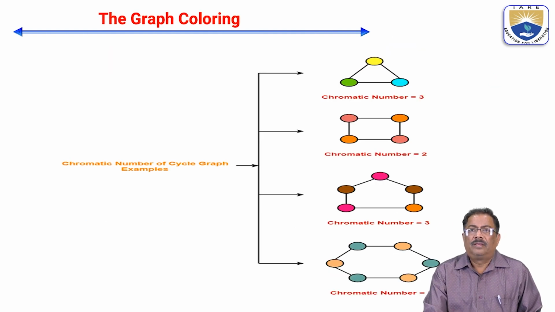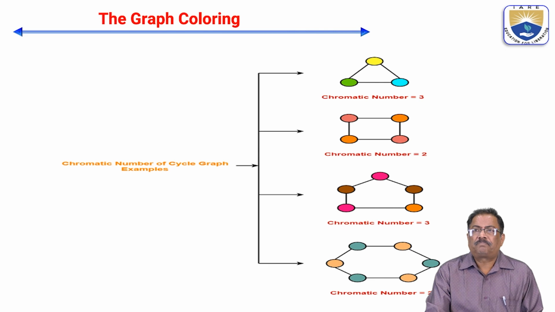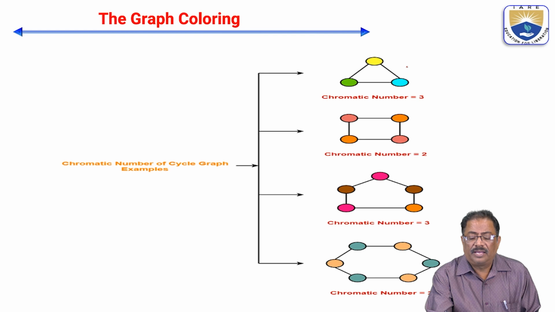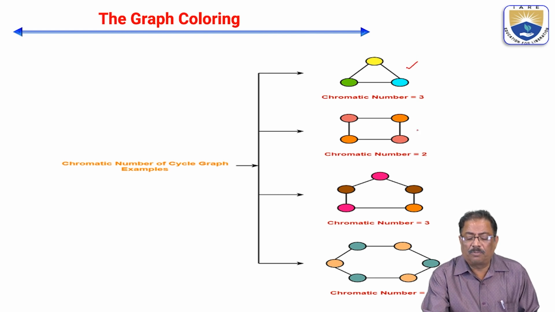Now, if I am going to consider cycles in a graph, then what is the chromatic number? So here I am having a cycle, and here the chromatic number is 3, and here I am going to get a cycle, and the chromatic number is 2, because here I can assign 1 color here and the opposite 2 colors.